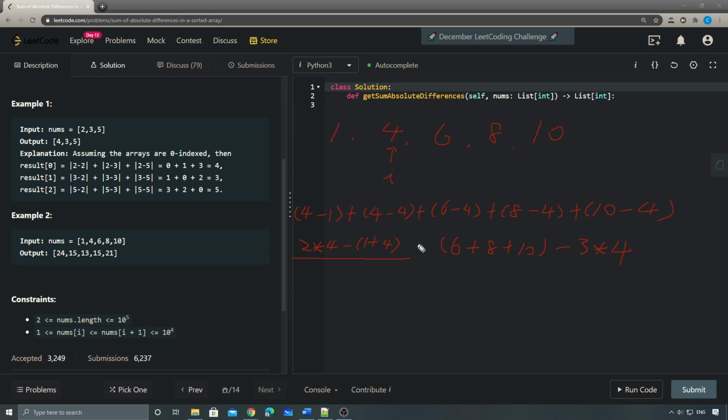So here we have a formula. We're at this index i here. It's i plus 1 because that's the length.